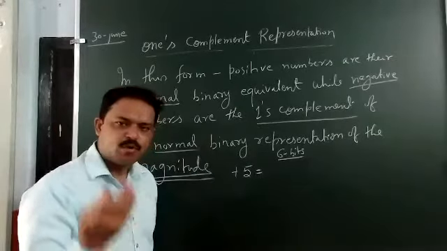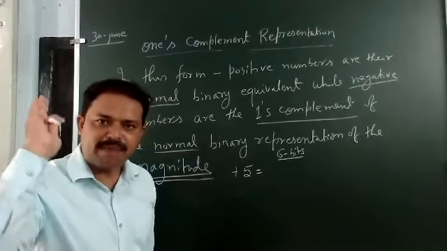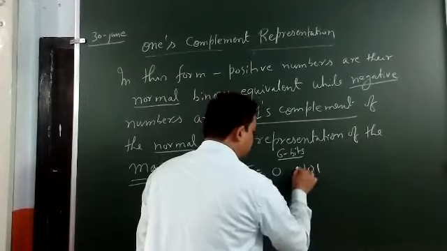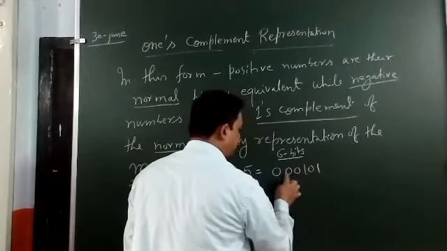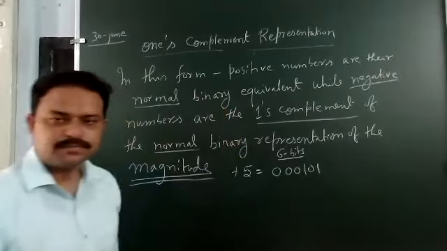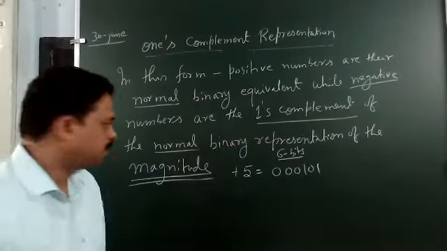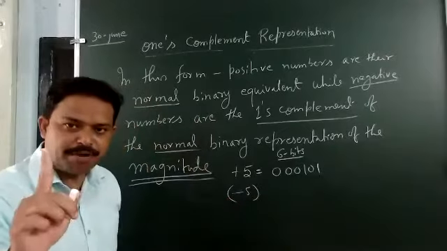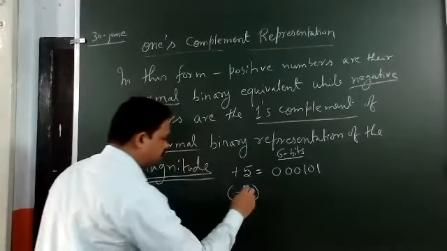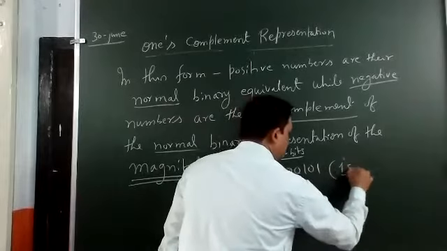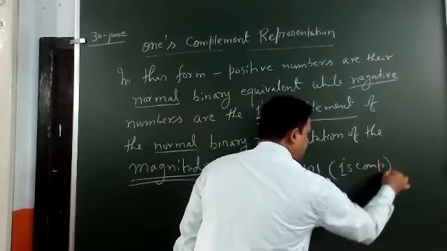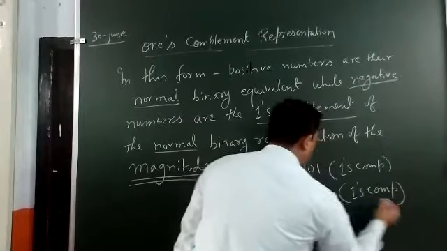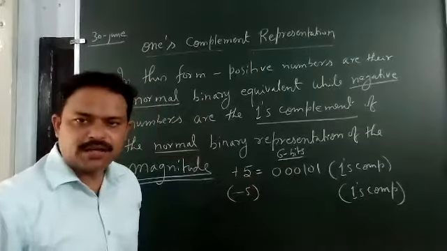Same as what we have learned in sign magnitude representation: 0, 1, 0, 1, and 2 more bits, 6 bits. Plus 5. Minus 5, how will you write in one's complement?